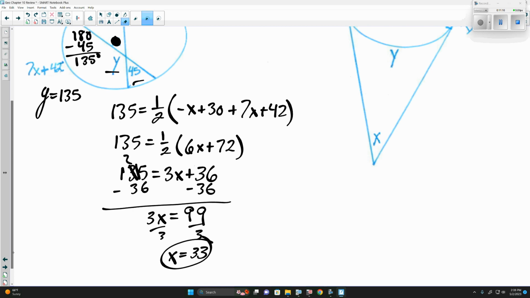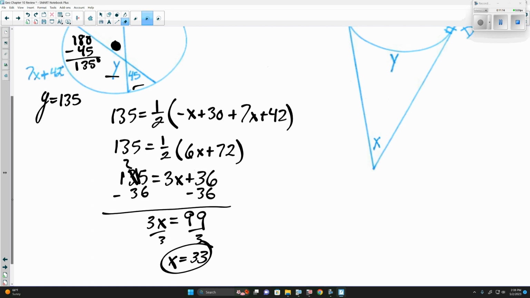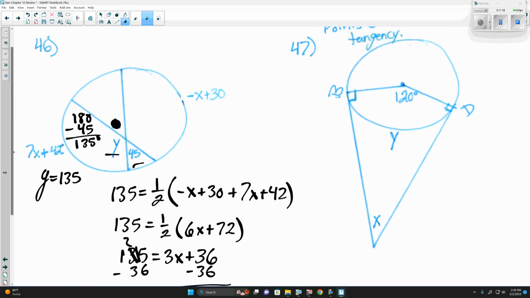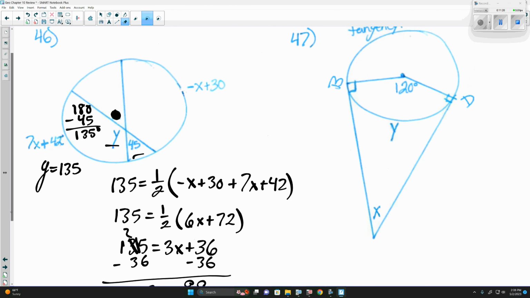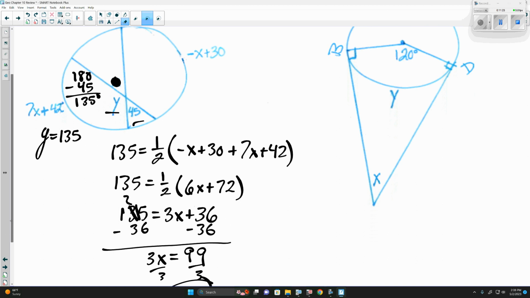But do we understand how to get the concept? Questions on 47. Because what would y be here? And 120 and x.